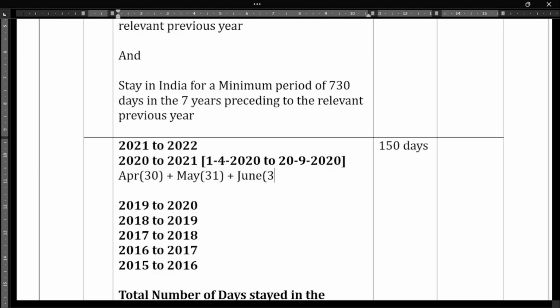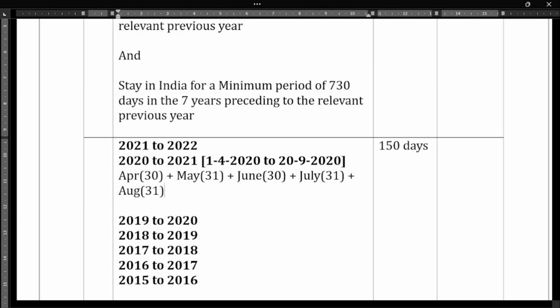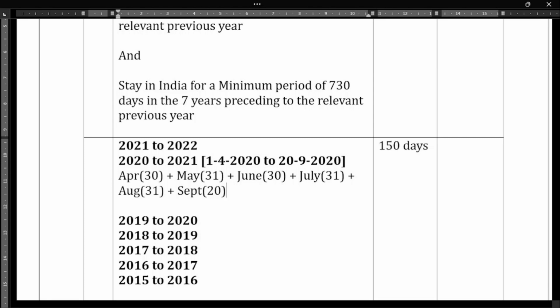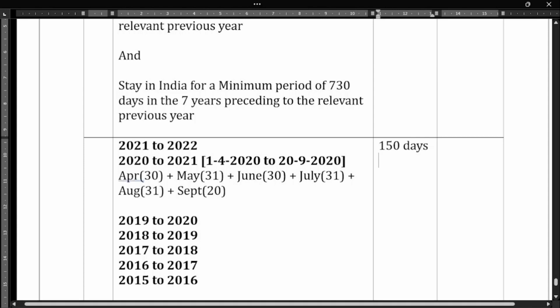June month also full, so 30 days. July month full, so 31 days. August also full, so 31 days. But September he left on 20th, so only 20 days he was there. Now let us calculate. 30 days, 31 days, 30 days, 31 days, 31 days and 20 days. Total he was there in the year 2020-21 for 173 days.